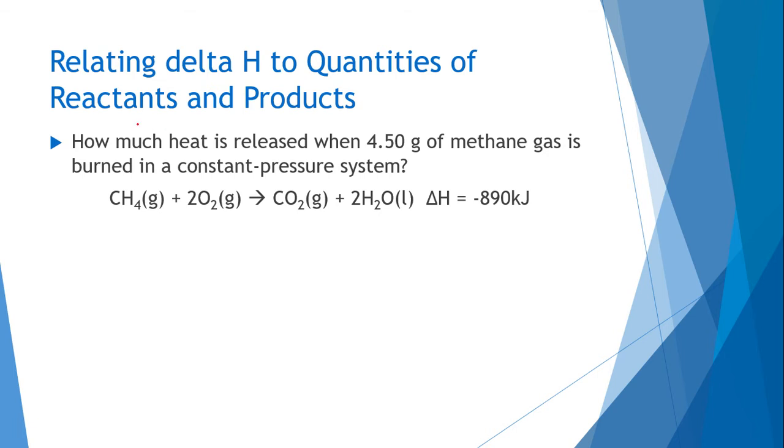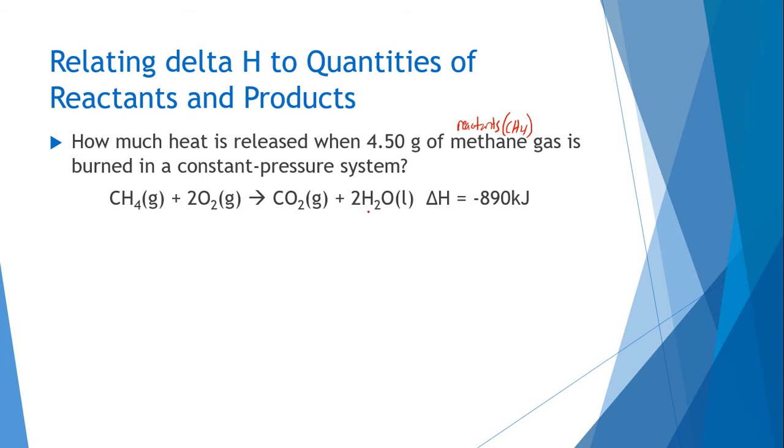So for example, it says how much heat is released. So I know that I am going to have a negative value here. And then the other thing it says, when methane gas is burned. So that means methane is one of my reactants, and that's going to be CH4. So down below, you should see CH4 to the left of your arrow, and it should show that it's going to burn.